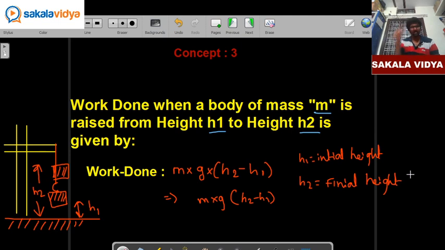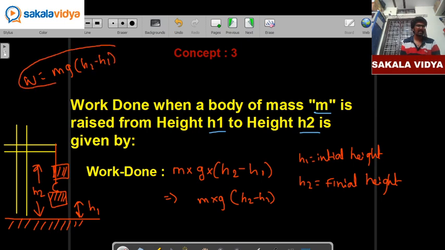So what is the formula to calculate work done? Simply work done is equal to mg times the difference in the heights. This is the formula to calculate work done against the gravity. So now let us solve some numerical problems on concept number 3.